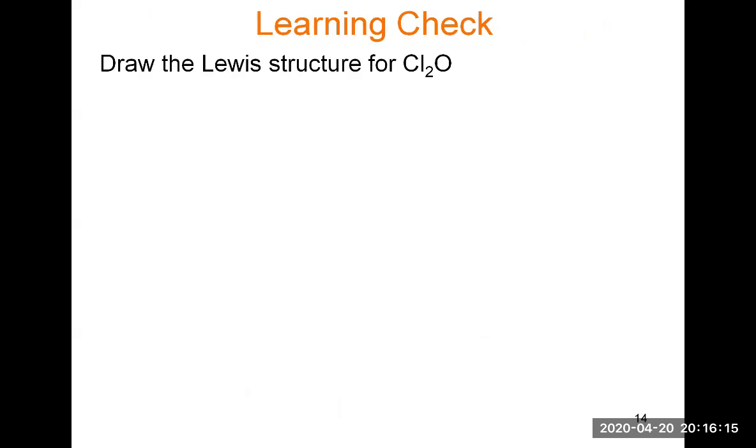So here the central atom is not necessarily chlorine, even though chlorine comes first in the formula. Between chlorine and oxygen, it's hard to tell which one is more metallic. But one thing about molecules is that they always tend to be symmetrical. So here, because you have 2 chlorine, 1 oxygen, you want to put the oxygen in the center and surround it with the chlorine.